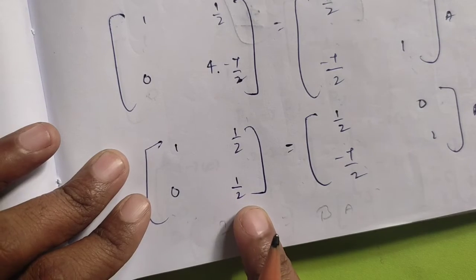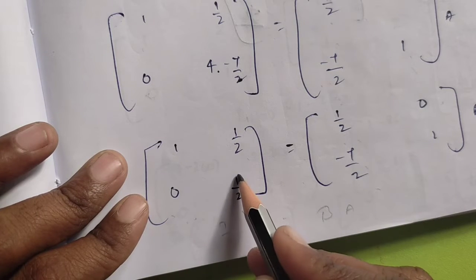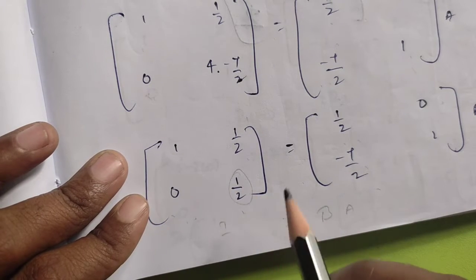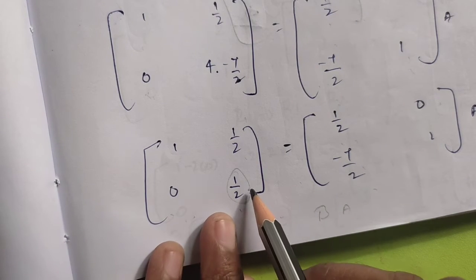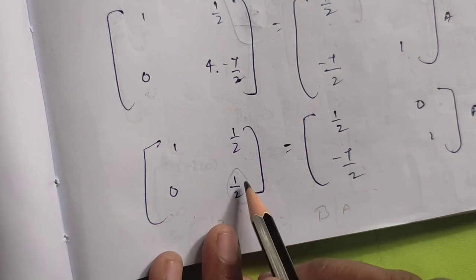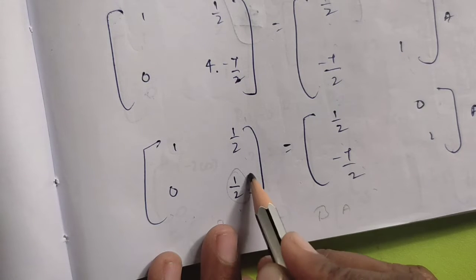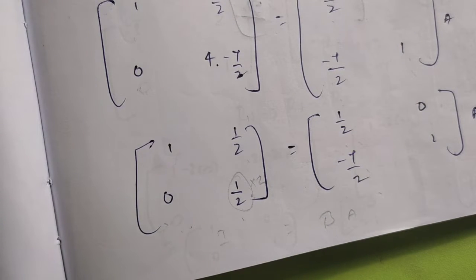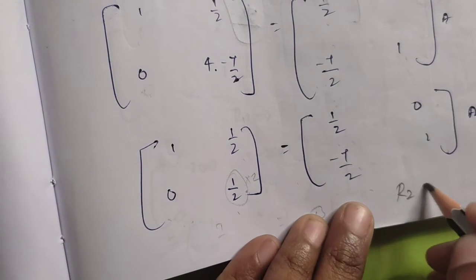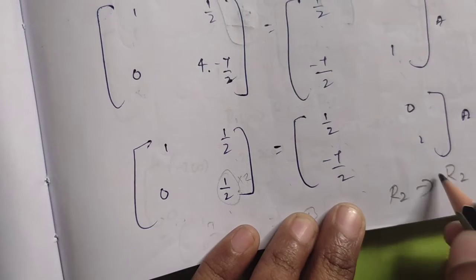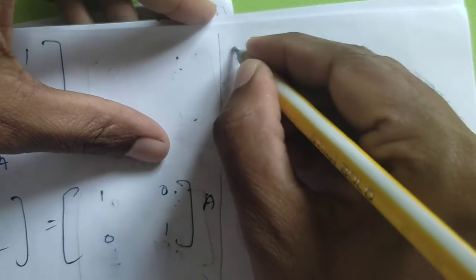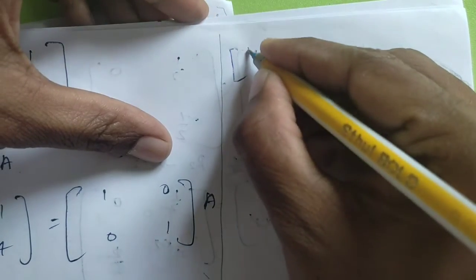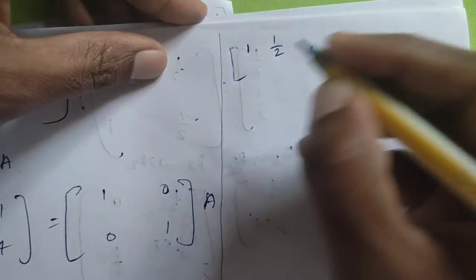To make the identity matrix, next we should make this element 1. To make this element 1, what shall we do? We shall multiply by 2. If you multiply by 2, 2 by 2 will give you 1. So R2 tends to 2 R2. So we'll get R1 keep as it is, 1, 1 by 2.